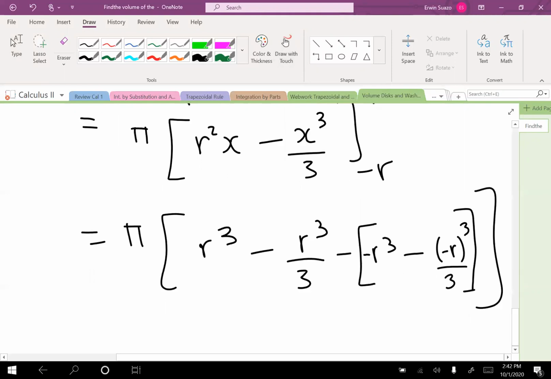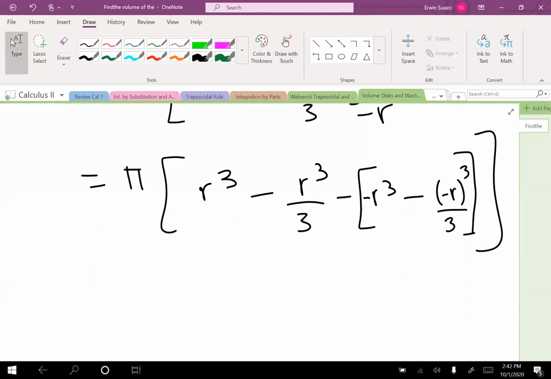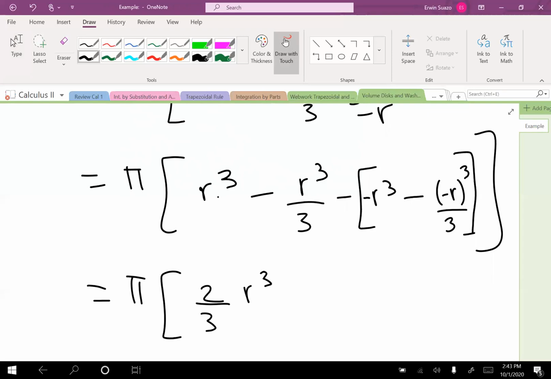So we'll see. So we got here pi, so r cubed minus r cubed divided by 3 is 2/3 r cubed. And then minus, and we get minus r cubed, minus a minus, that will be a plus finally here.